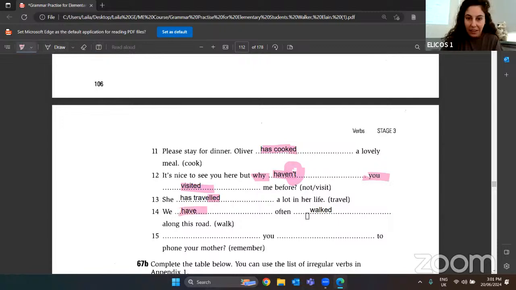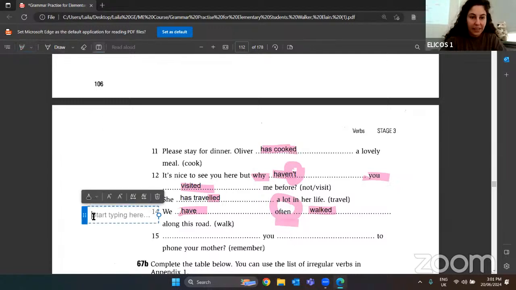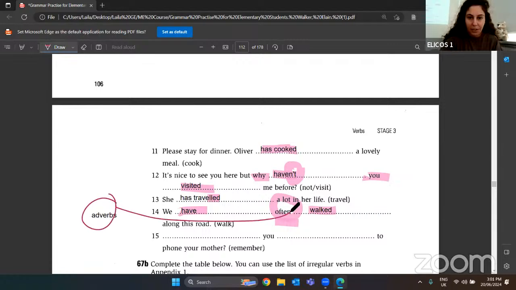Here we're using adverbs. They tell us how often. We have always, we have never, we have often, we have sometimes, we have occasionally, we have usually. So you can add an adverb with the present perfect. It's the word often.